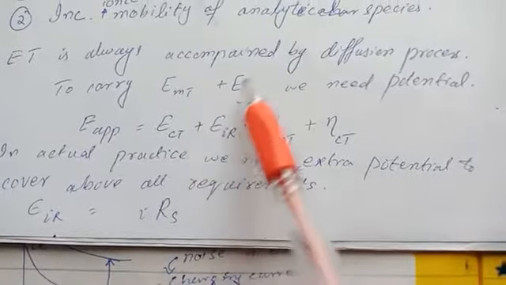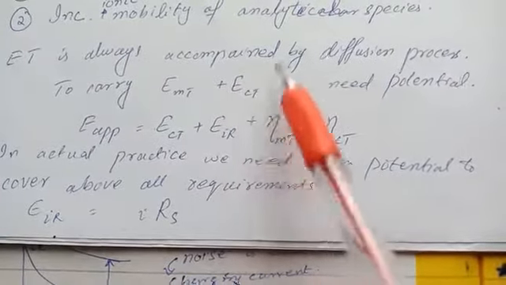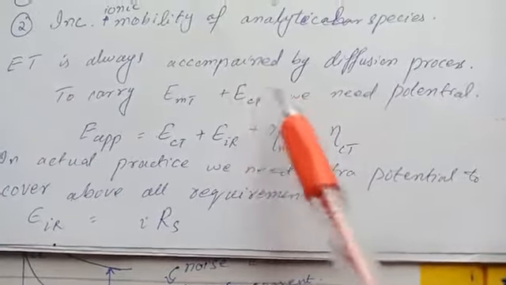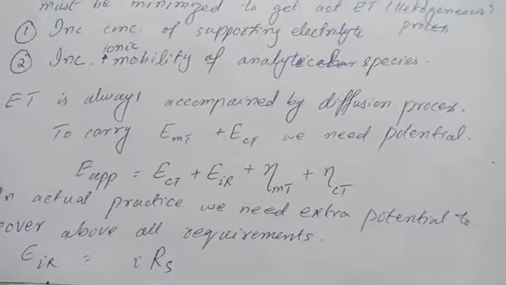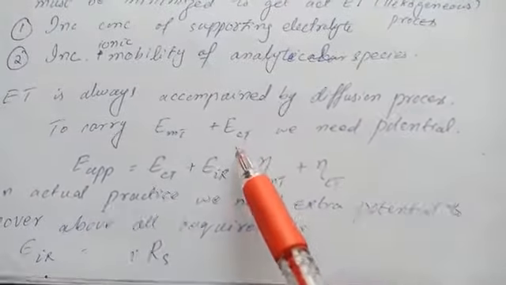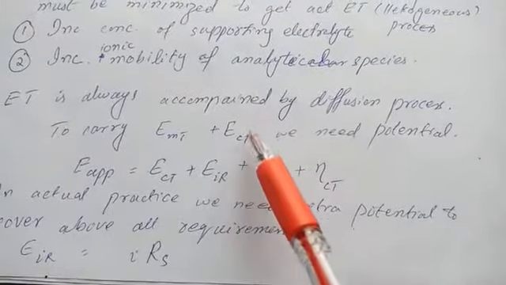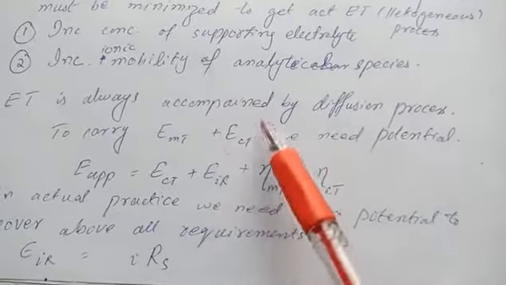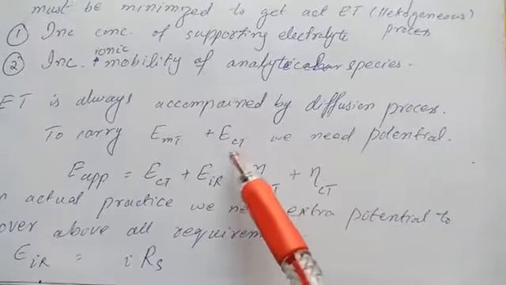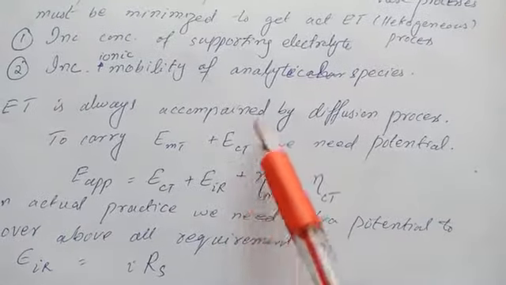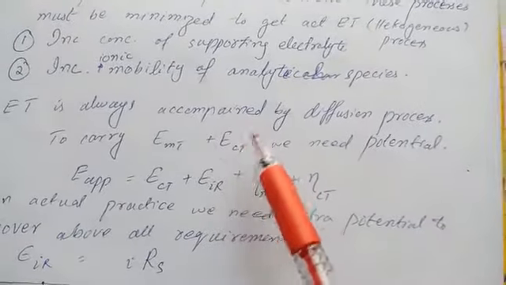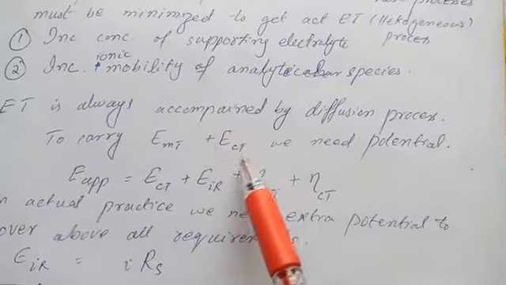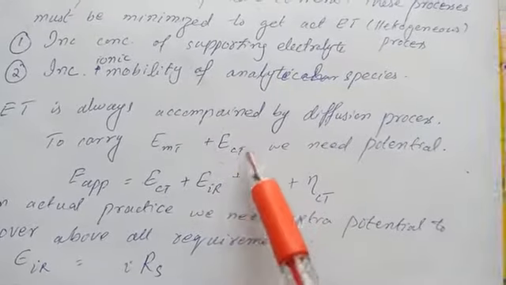the charge transfer of the analyte, meaning oxidation or reduction of a particular analyte requires a specific amount of external potential. But experimentally, this external potential is not enough to carry out the particular charge transfer at a particular voltage.